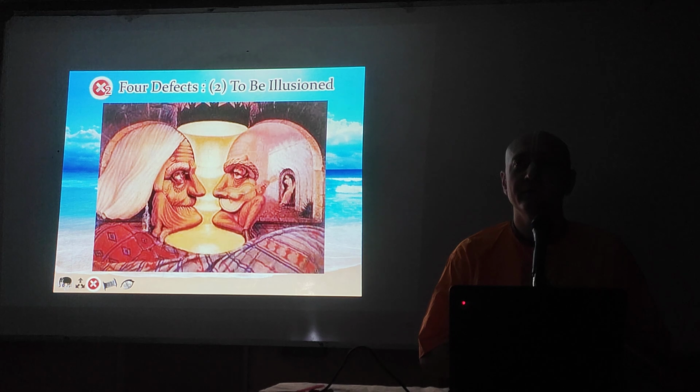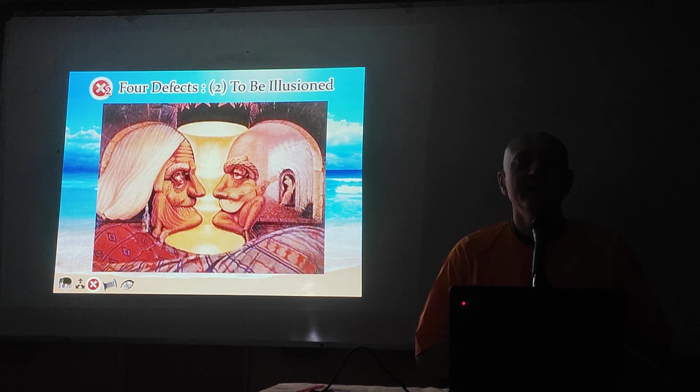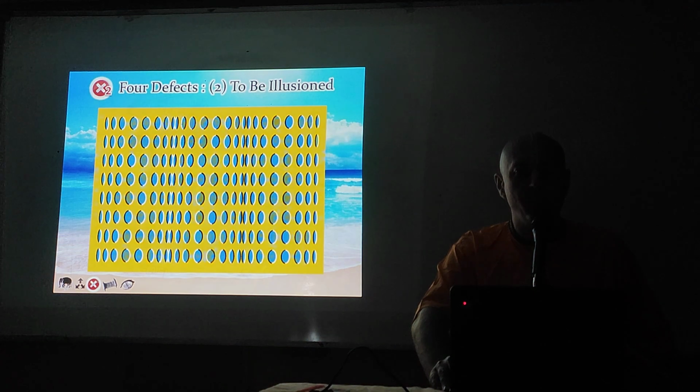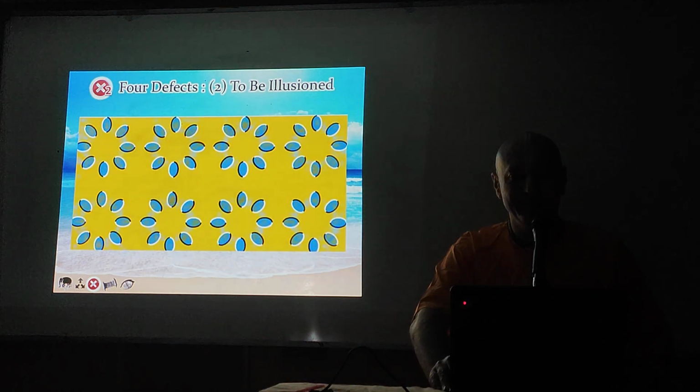It's very interesting to see such paintings, drawings. I won't ask you what you see, but let me speed up a little. Okay, that's another one. Is this moving or stationary? Moving. Yeah, it depends. That's why it's an optical illusion. This one also.